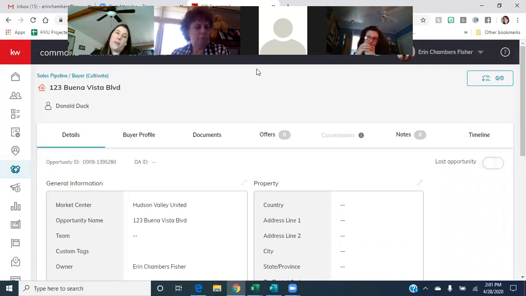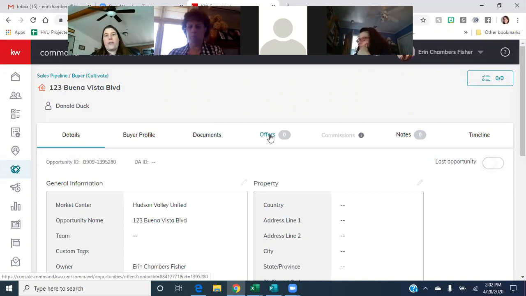Once you've created the opportunity, this is where you have the opportunity to add documents. This would be where you connect to DocuSign to get all your documents signed. But where we're going to start is this field here, which is called offers. What I like about this offers tab is that it affords you the ability to enter all of the offers that you have on a property.